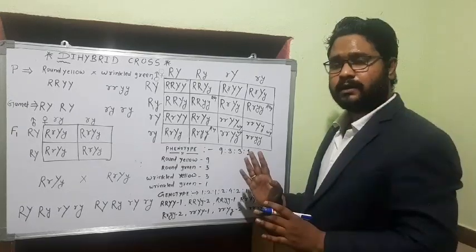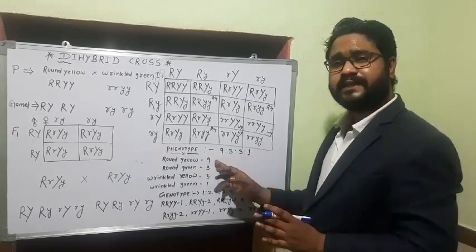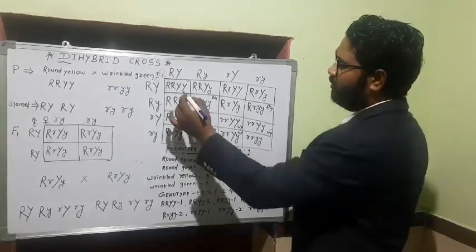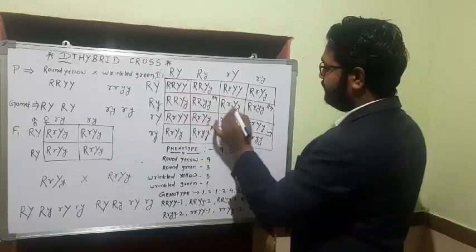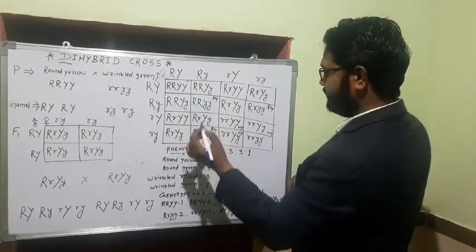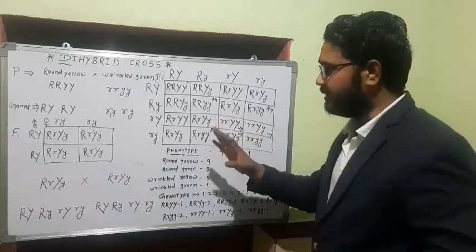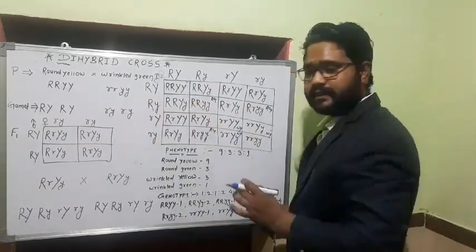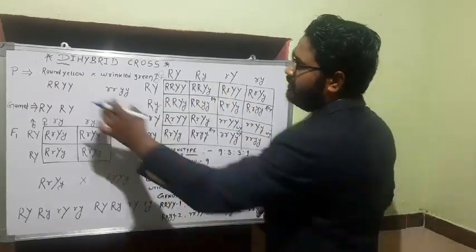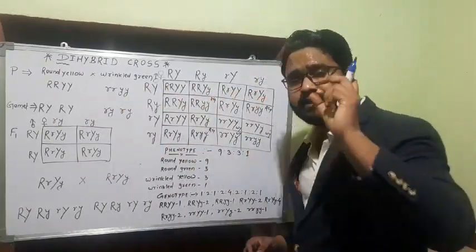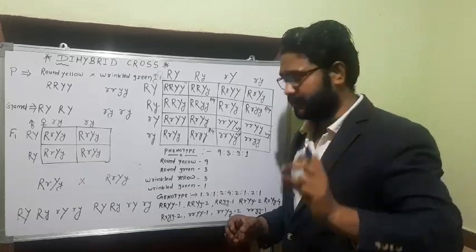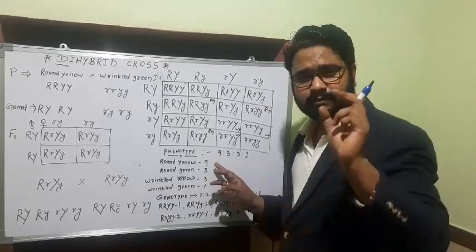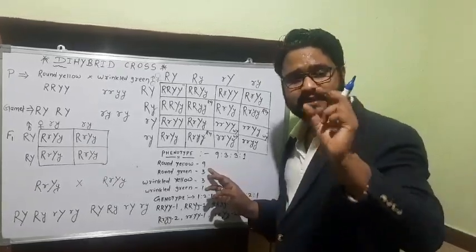Okay, so at the end of this gamete union, you will get this ratio, 9:3:3:1. Now what does this 9 indicate? This 9 indicates this 1, 2, 3, 4, 5, 6, 7, 8 and 9. These 9 indicate both the dominant traits exist there. So these 9 are round and yellow, both dominant traits expressed. Okay, so this 9 indicates expression of both the dominant genes.